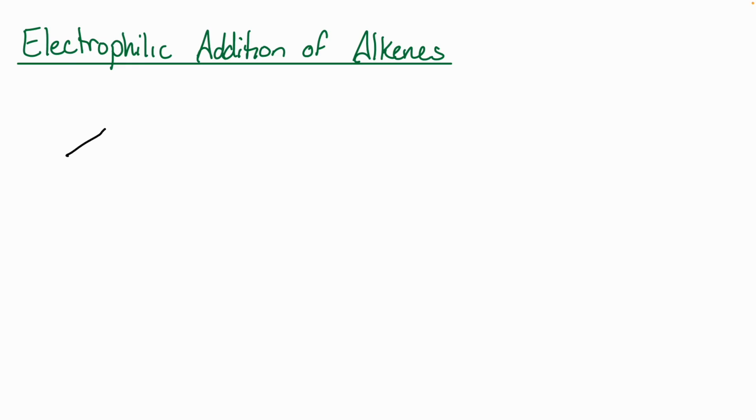So if we take an alkene, we can do an electrophilic addition reaction by combining it with a hydrohalogen like HCl. This is called an addition reaction because what we're going to do is add that HCl to our organic molecule.